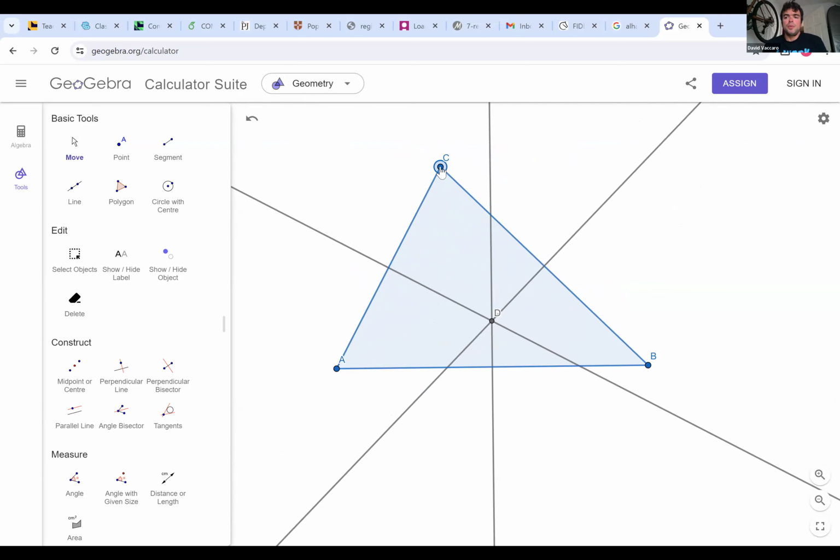I'm going to take a vote now. Does that point D always lie inside the triangle? If you think yes, vote yes. If you think no, vote no. And if you think no, that it doesn't always lie inside the triangle, can you try and give me a condition of when it will lie inside the triangle and when it won't?